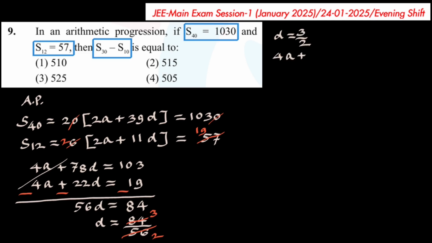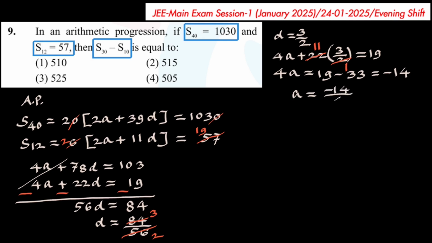4a plus 22 into 3 upon 2 equals 19. 4a equals 19 minus 33, minus 14. A equals minus 14 upon 4, minus 7 upon 2.